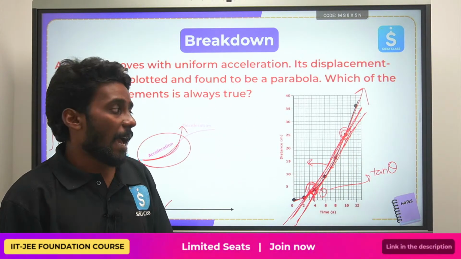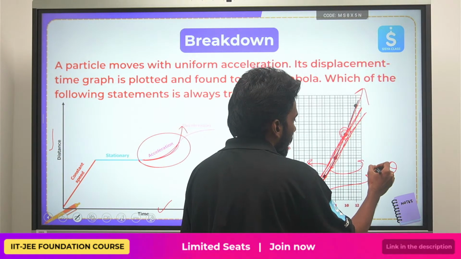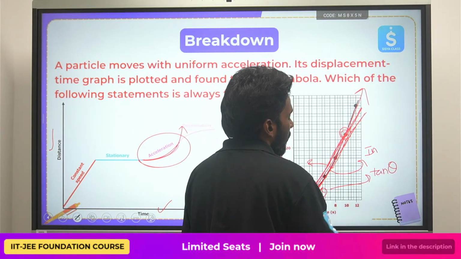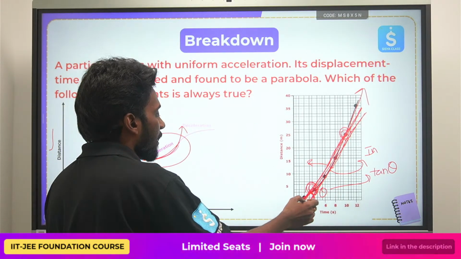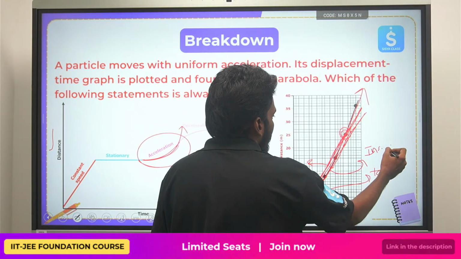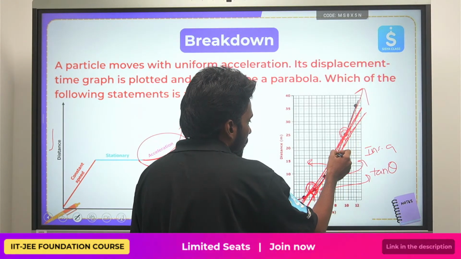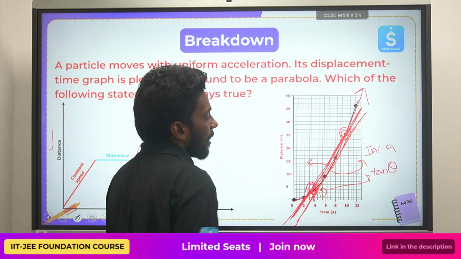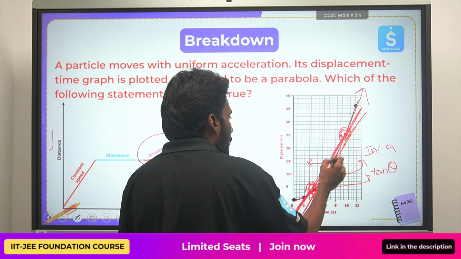The tangent always gives the instantaneous value, whereas the secant, or the average value, if you wanted to find, you need to take at least 2 points and draw the line.